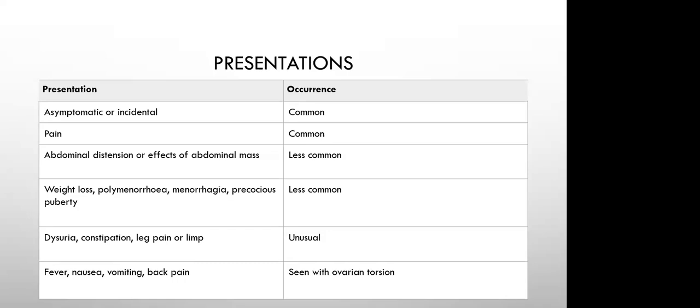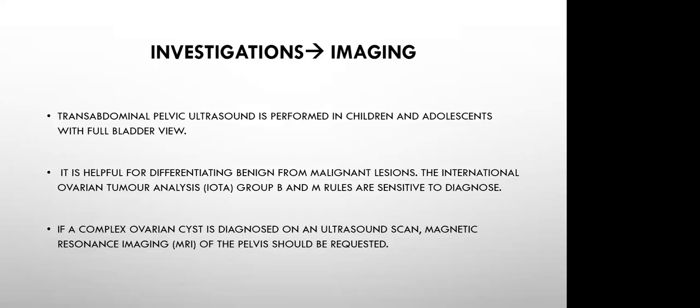Fever, nausea, vomiting, back pain, all of them are very commonly seen with ovarian torsion. This is exactly the differential with tubo-ovarian abscess. Same picture, but please remember what we said regarding the fever. It's just low grade. The vomiting attack with pain is due to peritoneal irritation, as well as the back pain.